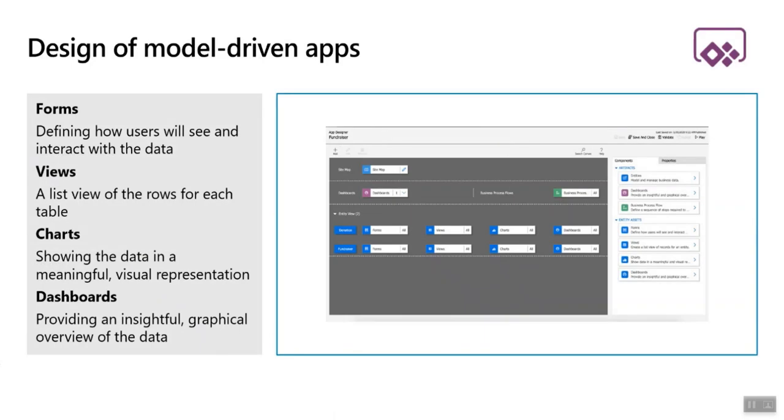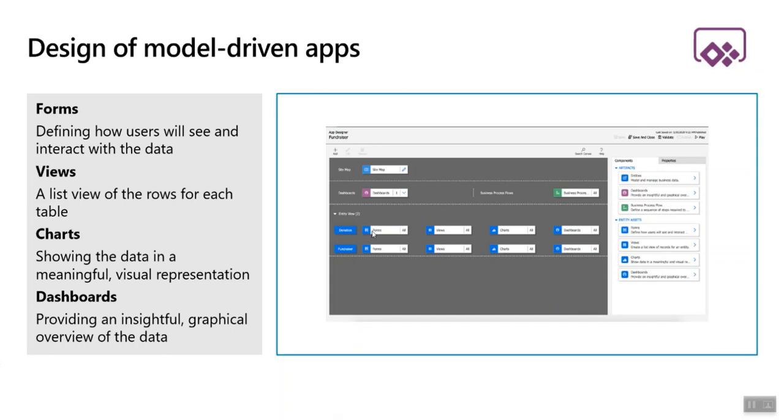So I talked about the sitemap, right? Like within the model driven application. So this is how a typical sitemap will look like. So you start here with a sitemap. When you start a blank model driven application, you won't have anything. And then you start building, like, okay, what am I going to have in my model driven application?